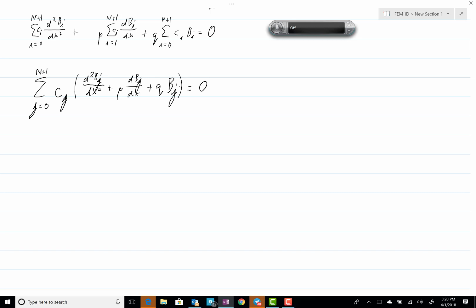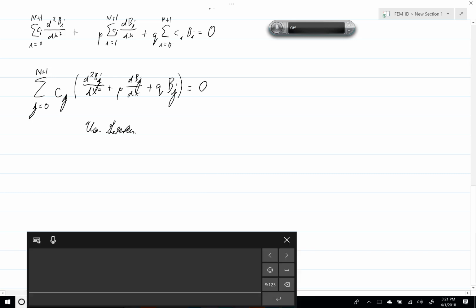Because then, since we're talking now about the weak formulation, we will now multiply both sides of this equation by T_i, which is a testing function at node i. And we're going to use Galerkin testing, which means that T_i of x is equal to B_i of x.